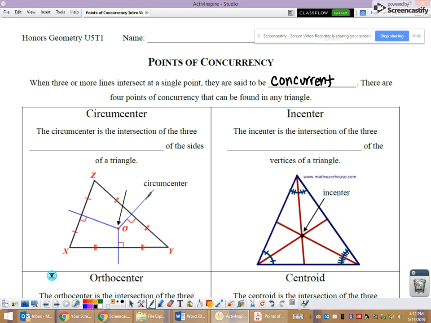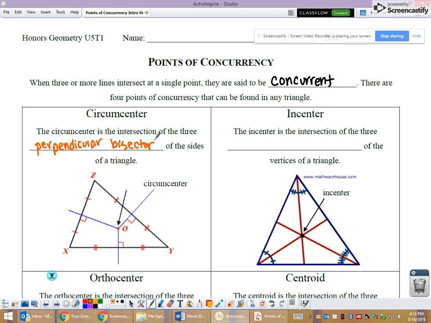And also each of these 3 lines splits the side in half, or bisects it. So if we've got perpendicular and bisects, what do we have? Perpendicular bisectors. So the circumcenter is the intersection of the 3 perpendicular bisectors of the sides of the triangle.